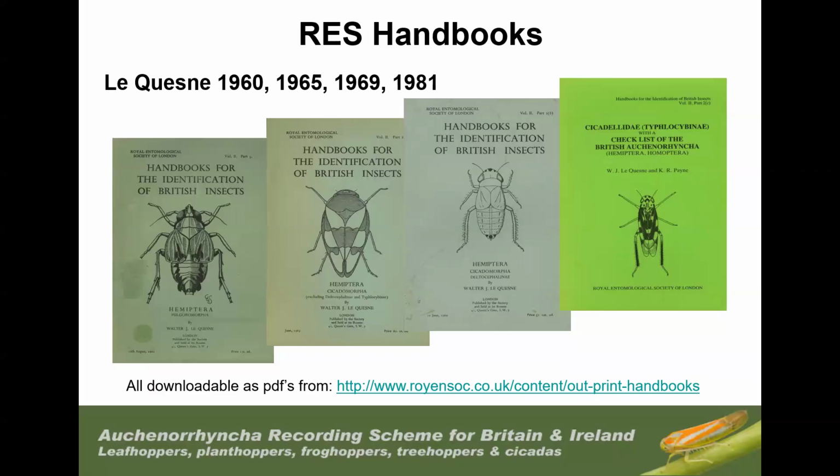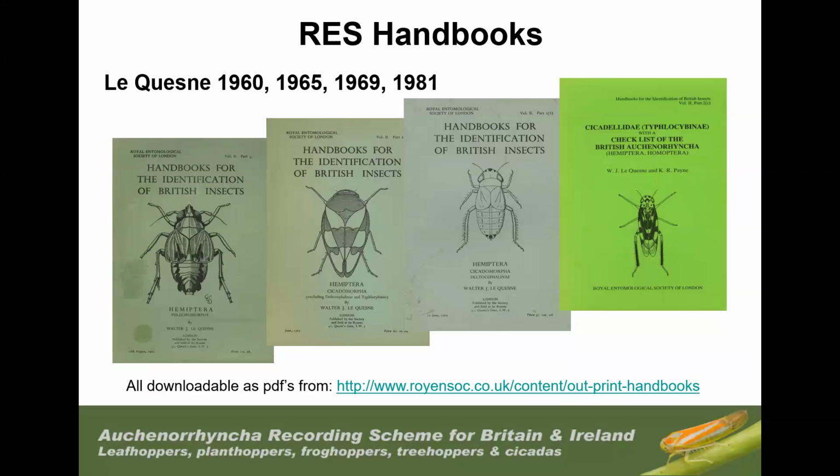They're written very much in what I'd call the old-fashioned Royal EntSoc handbook style, where quite often the written keys are on one page and all the diagrams are on other pages, and so you have to flip from page to page all the time, which is a bit annoying, and other features like that. But they do have that very distinct advantage that they have very good written descriptions of each individual species.